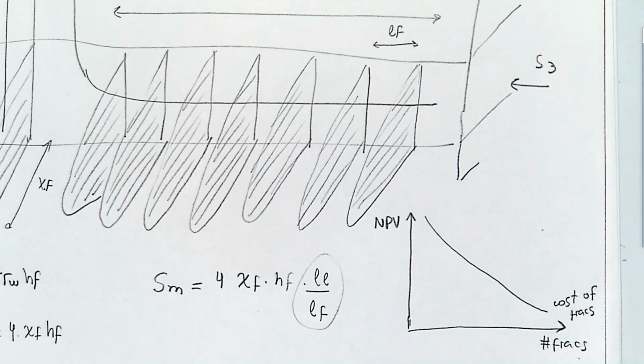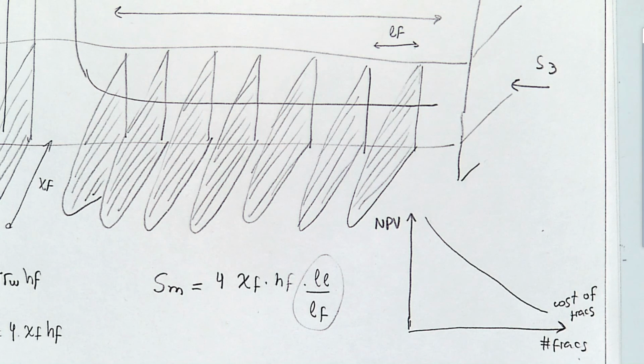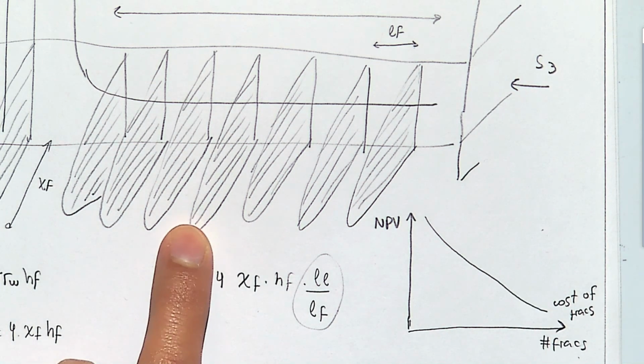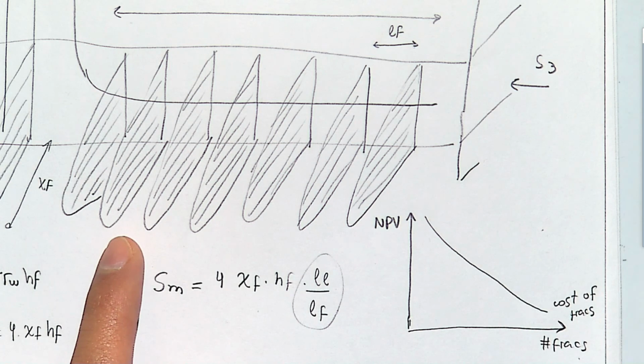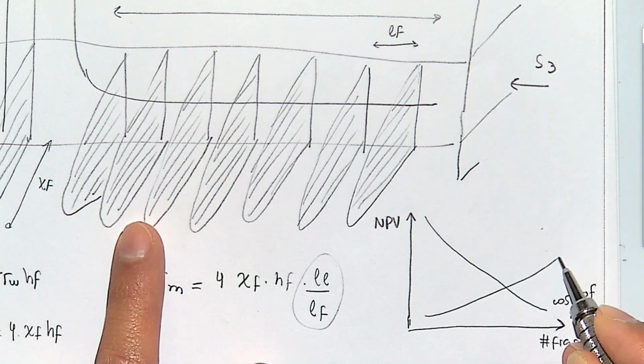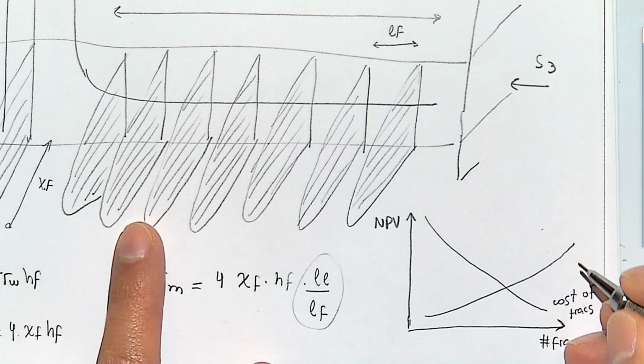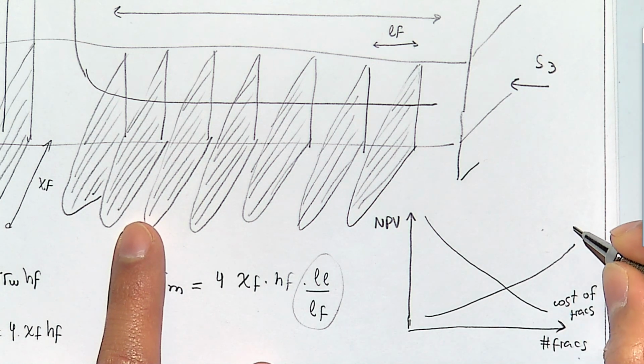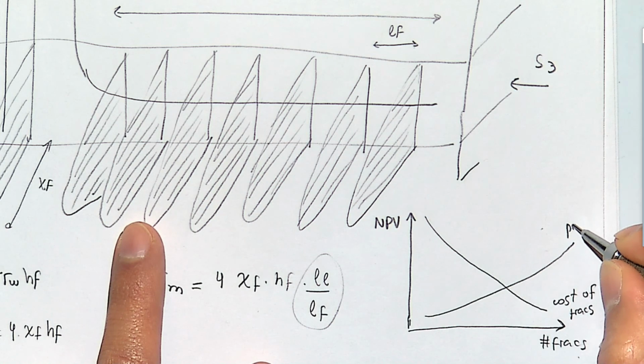And on the other hand, if you have more fractures, probably you will have more production. Let's assume the fractures don't hit each other for a moment, but they would. The more fractures you have, in principle the more production you will have. So your NPV will tend to be higher, and this would be what comes from production.